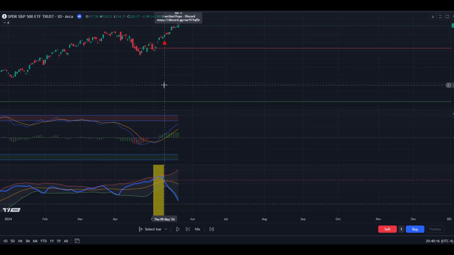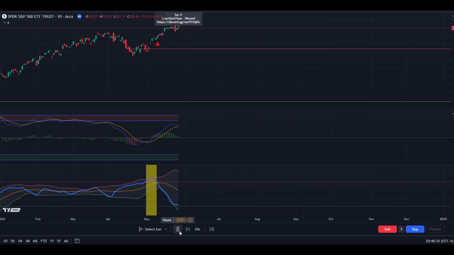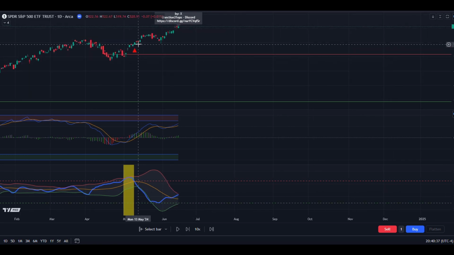So here's a good example of why I don't think that the magnitude of the changes matters. You can see here, we had a general uptrend going for a couple of days. We had 2 red candles after a couple of green candles, and there wasn't much of a reversal to speak of there.